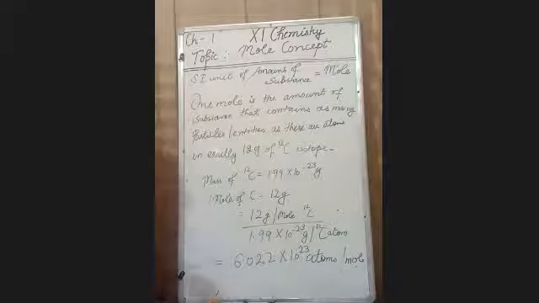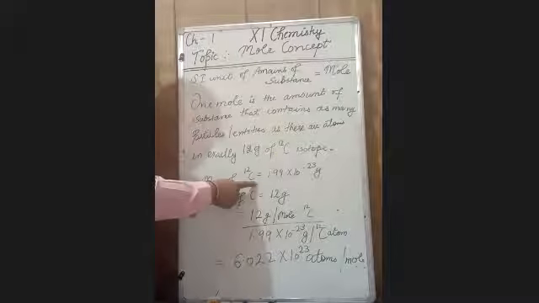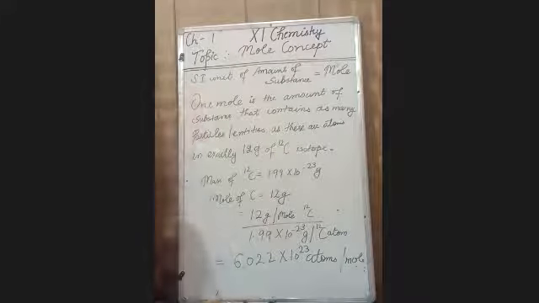We will calculate it. The mass of one atom of carbon-12 is 1.99 into 10 raised to the power minus 23 gram.